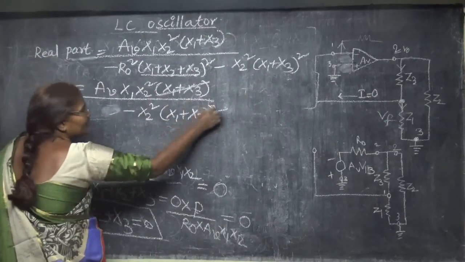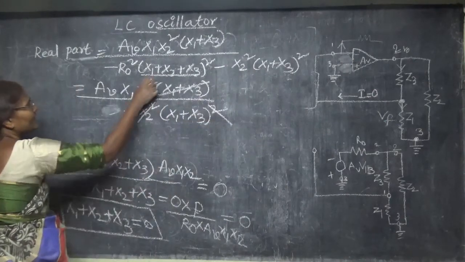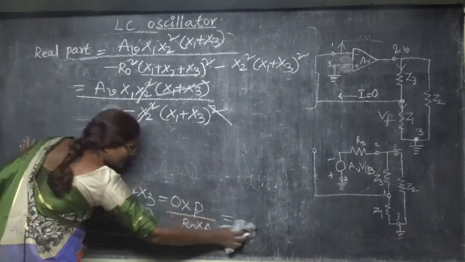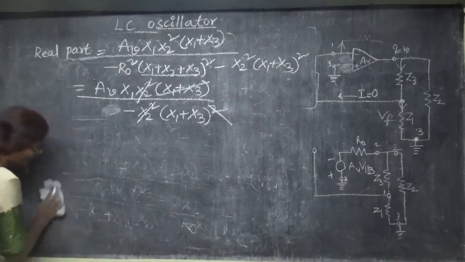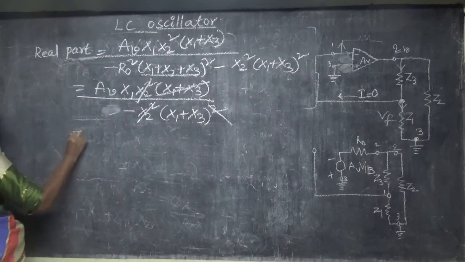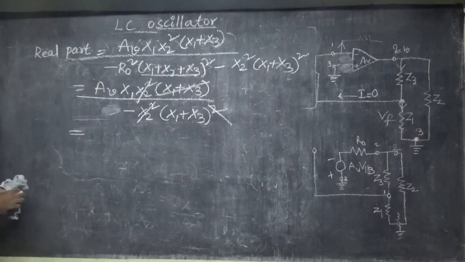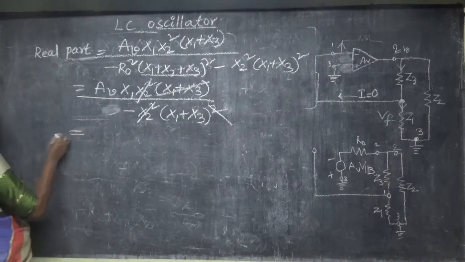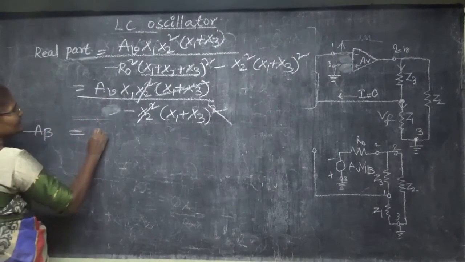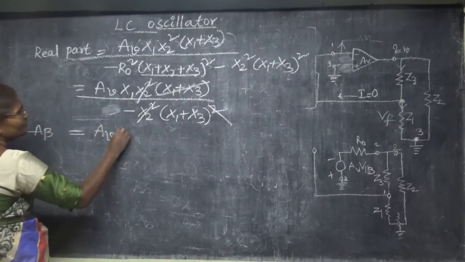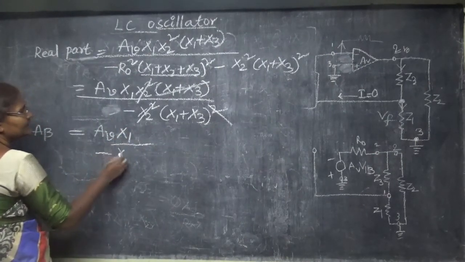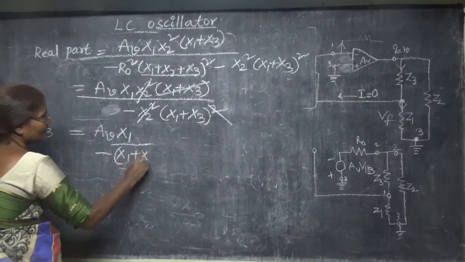So the (x1 plus x3) square will be cancelled, and x2 square and x2 square are going to be cancelled out. Now, what am I left with? The real part is nothing but minus A beta. So minus A beta is nothing but AB into x1 divided by minus (x1 plus x3).